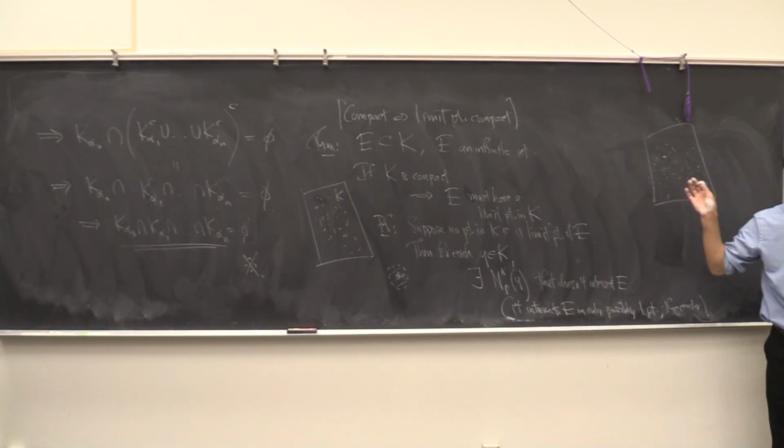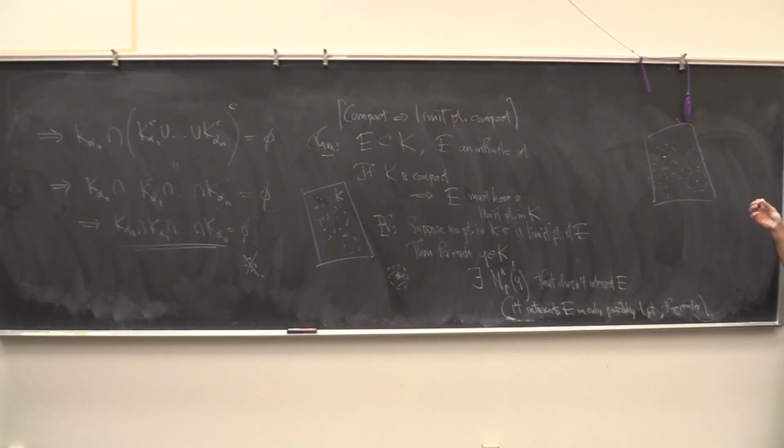Then we take a finite subcover. There's only finitely many neighborhoods now. How many points of E are there? Infinitely many. How many points of E are covered? Finitely many. Contradiction.